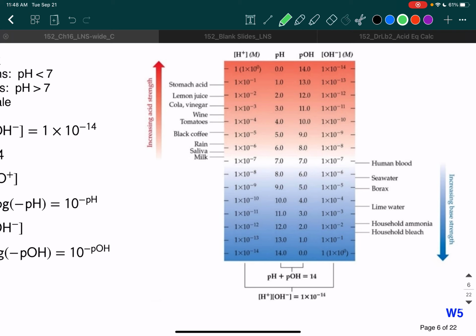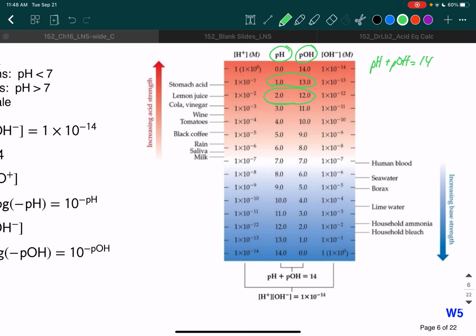There's that pH value sitting there. Notice there's the pOH that I mentioned a few minutes ago, and this statement is still true: pH plus pOH equals 14. You could do that all the way down the list and you would find that.